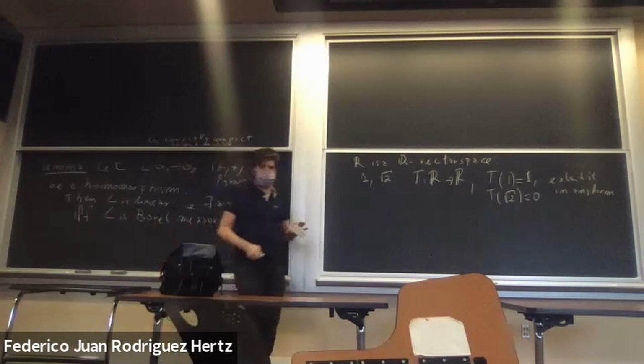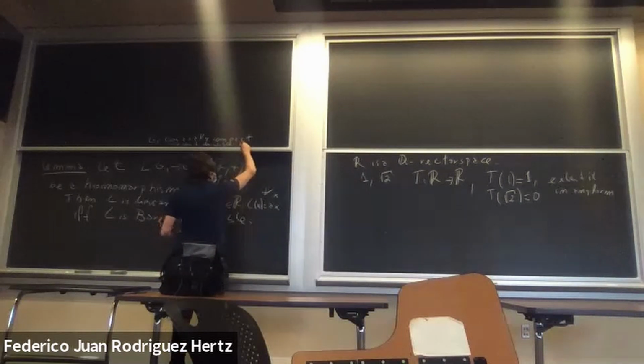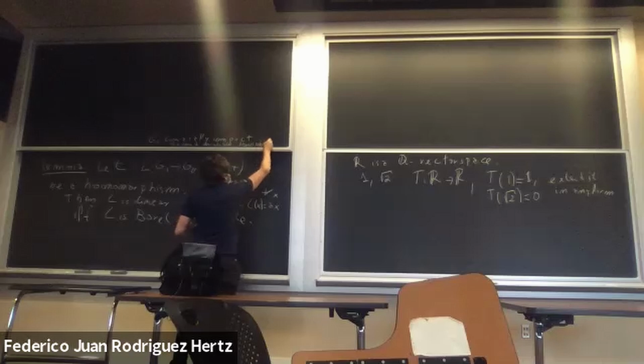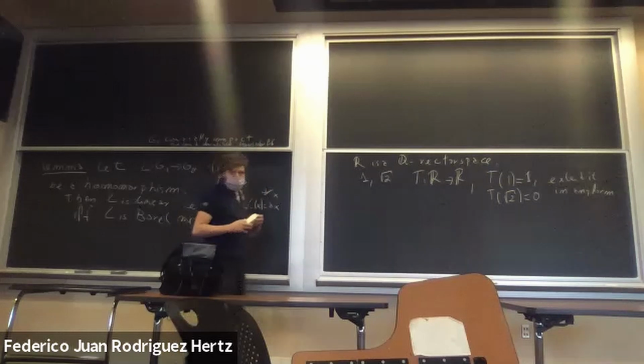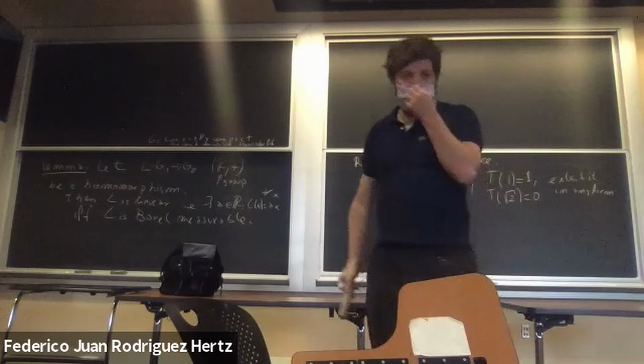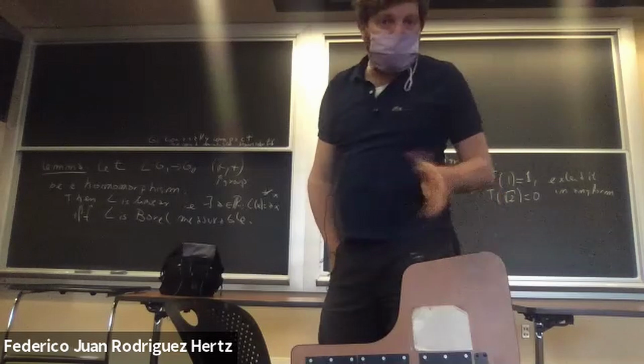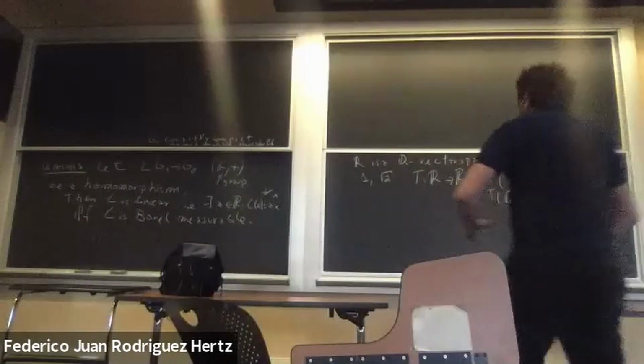I don't want to work with any monsters. I want it to be Hausdorff. So all the groups I'm going to work with will be of this type. Mostly they will be Lie groups. Maybe at some point some strange examples pop up. We will treat them.